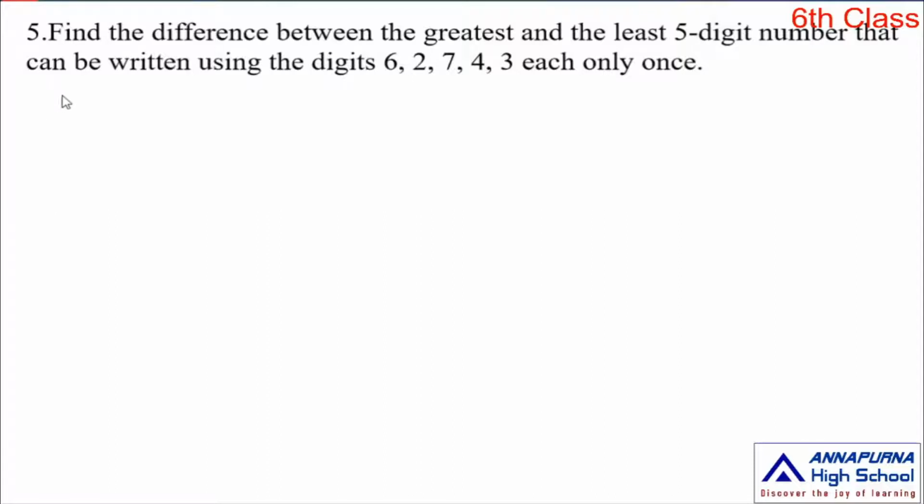We can form the greatest number with the given digits by arranging them in descending order from left. Similarly, we can form the least number by arranging them in ascending order from left.